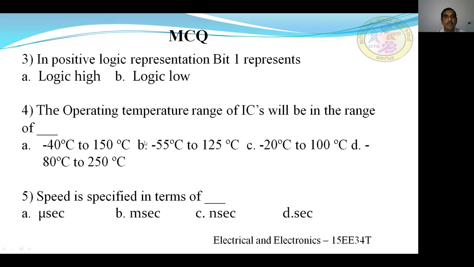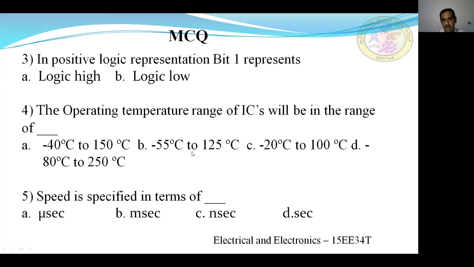Fourth question, the operating temperature range of ICs will be in the range of. So in which range will we have the operating temperature? We have seen the 3 different applications of ICs: commercial, industrial and military. So by seeing all the 3 applications, we have seen the 3 temperature ranges. Option A, minus 40 degree centigrade to plus 150 degree centigrade.